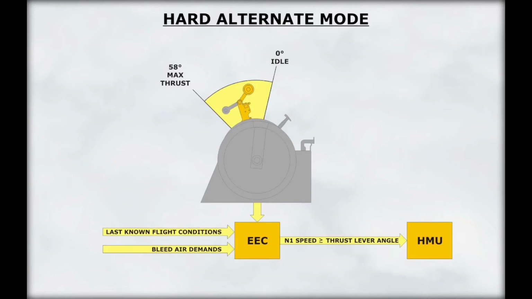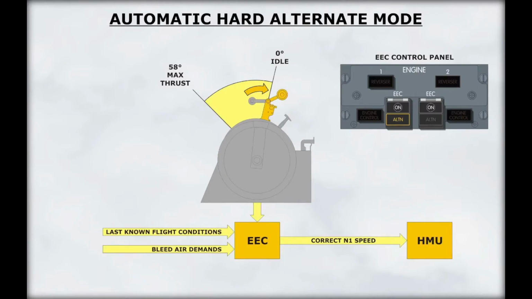In the hard alternate mode, the EEC reverts to the alternate thrust schedule, where thrust is always equal to or greater than normal thrust for a given thrust lever position. The hard alternate mode can be entered by placing the thrust lever to idle when the EEC is operating in the soft alternate mode.